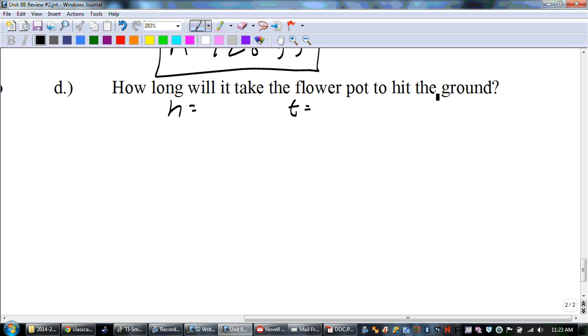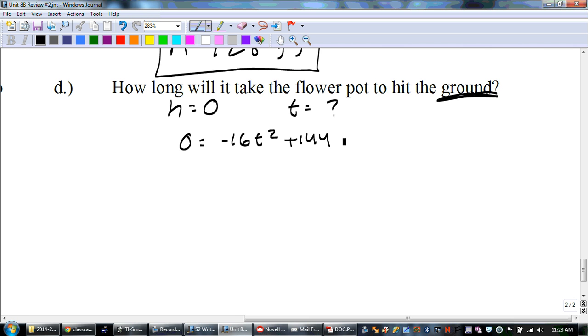All right, last one. How long will it take for the flower pot to hit the ground? Well, they didn't tell us anything here. Yeah, they did. They told us the height. What's the height of the ground? Good, the height of the ground is 0, okay? So we got 0 equals -16t squared plus 144.